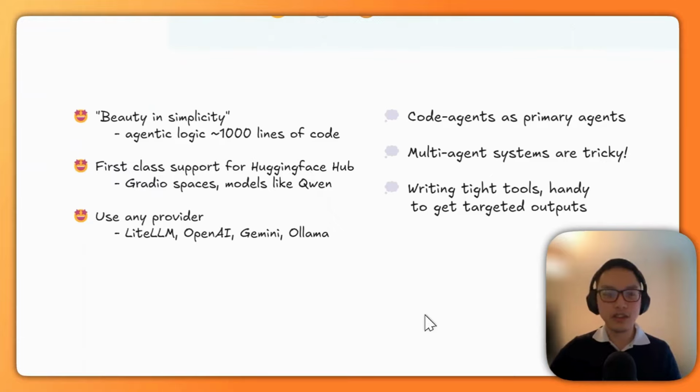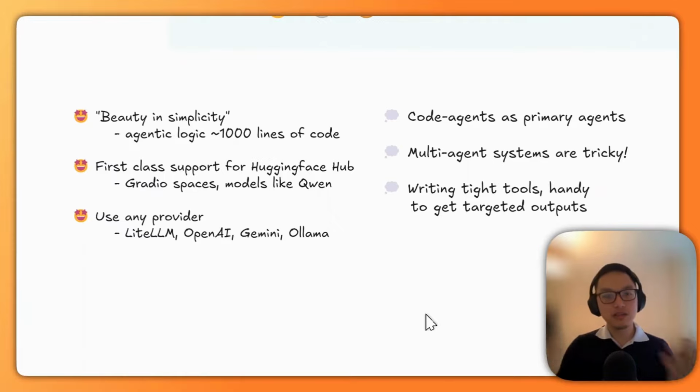So really sweet. There is first class support for tools on the HuggingFace hub, like Gradio Spaces. You can immediately plug this into SmolAgents already, and even had some fun with some models like Qwen Coder. So it's really accessible via the hub already.